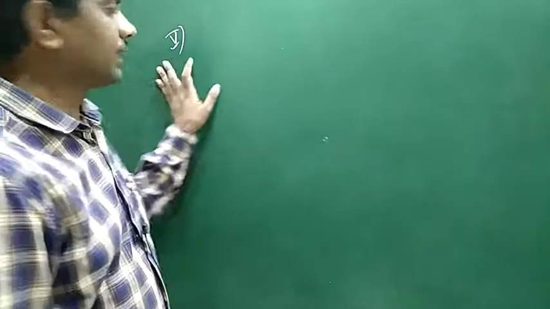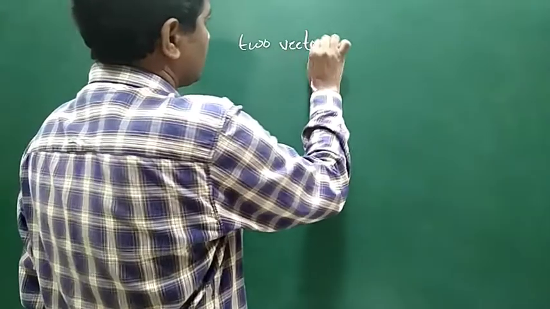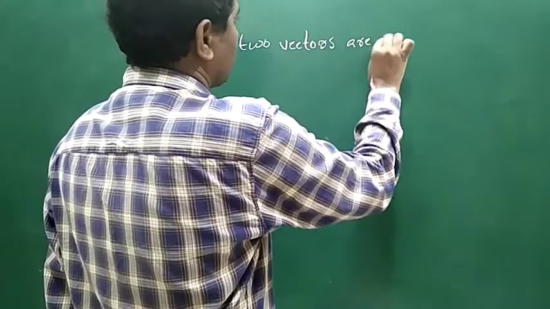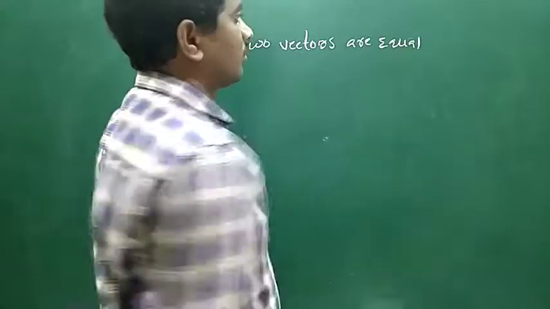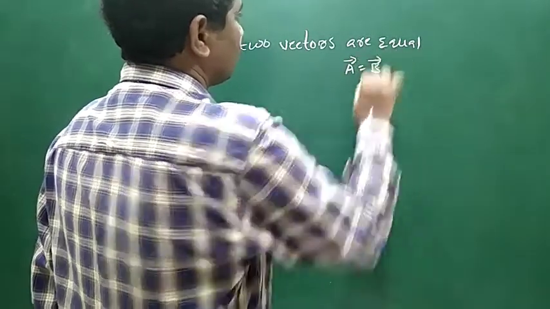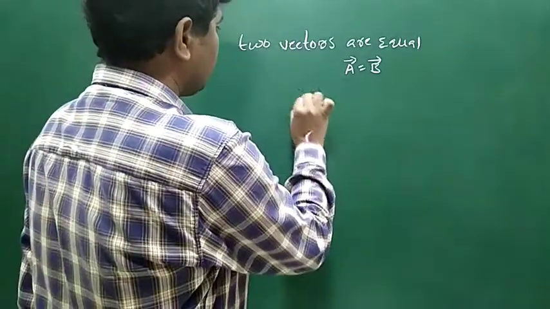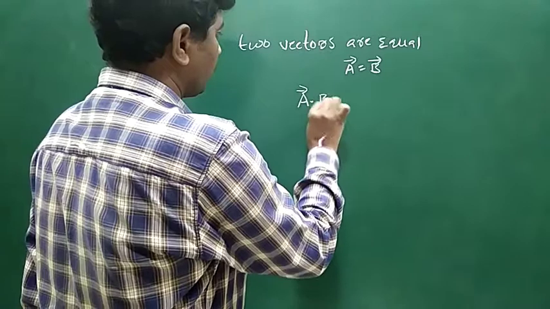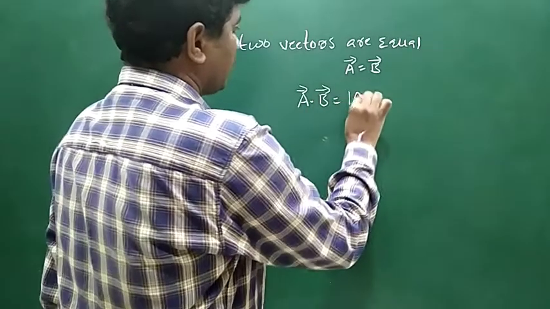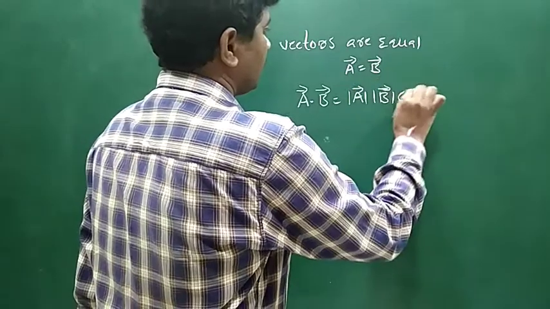The next property is, if the two vectors are equal, then A bar equals B bar. The dot product A bar dot B bar equals mod A bar mod B bar cos theta.